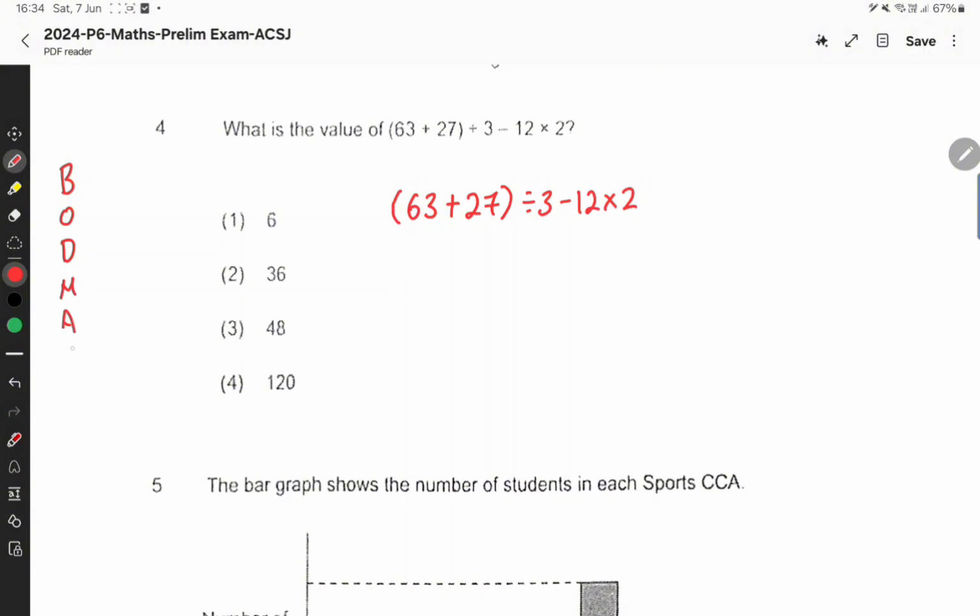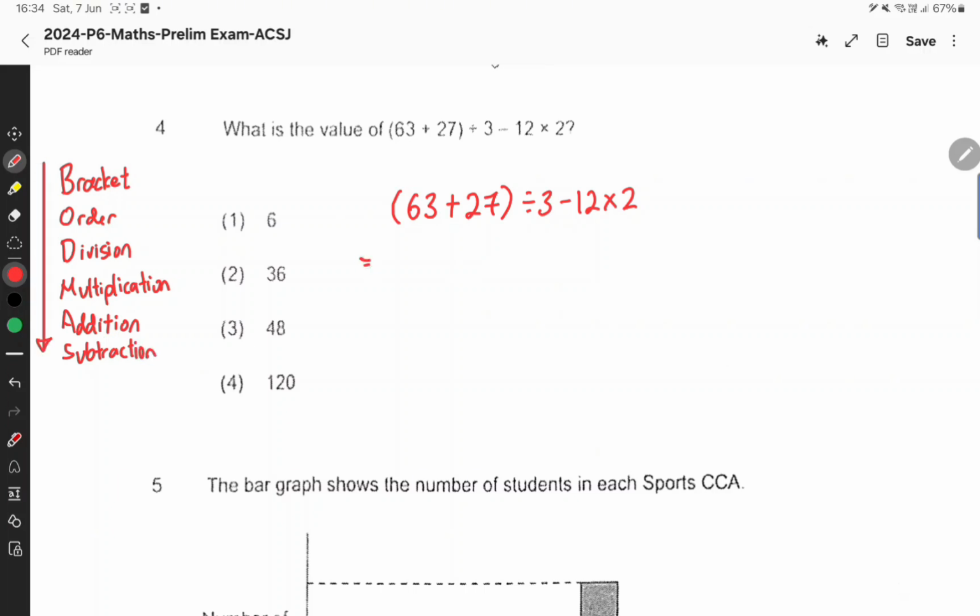If you're not sure what BODMAS is, it stands for bracket, order, division, multiplication, addition, and subtraction. So we have to work our way down BODMAS.